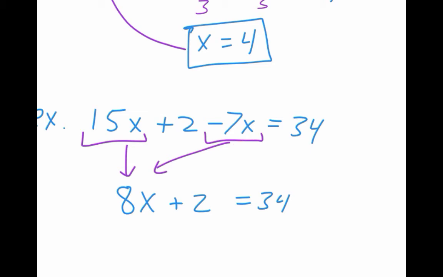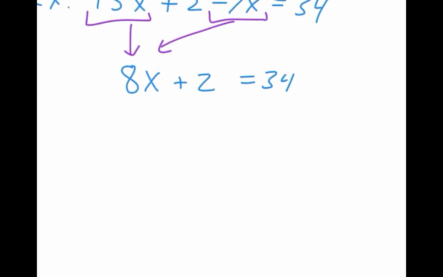Well, you do the inverse if you want to move something to the other side of the equals. Because the 7x and the 15x are both on that left side of the equals sign, you just combine them the way they are. You only would add 7x or subtract 15x if you wanted to move it to the other side of the equal sign. Does that make sense to people? Okay. Then let's quick finish this one off.